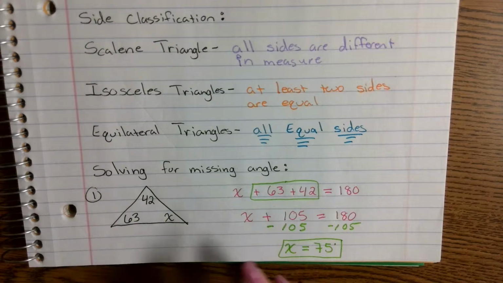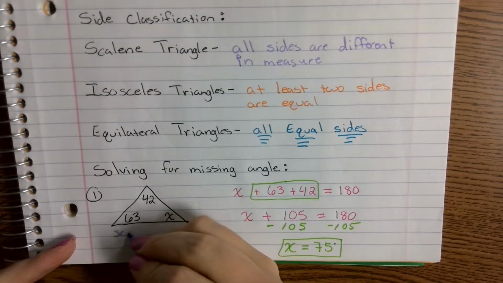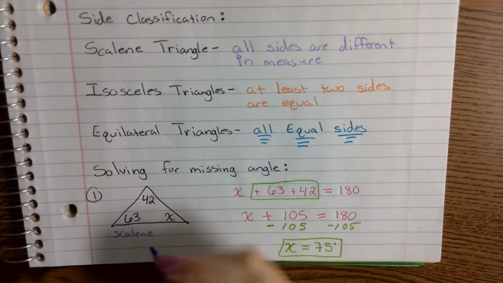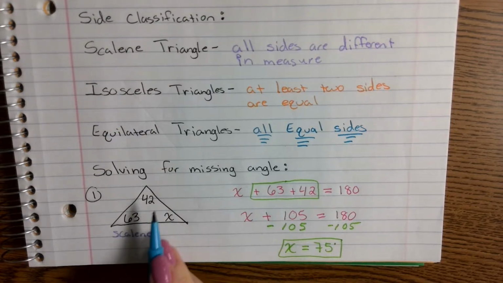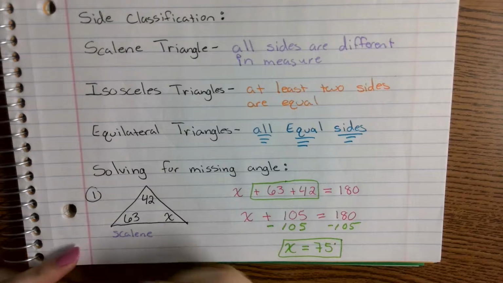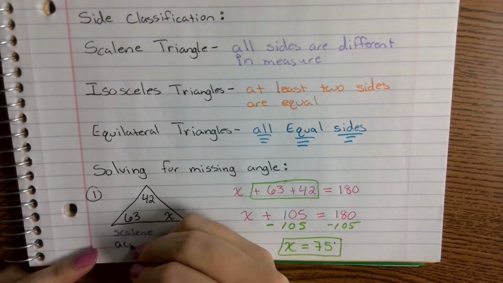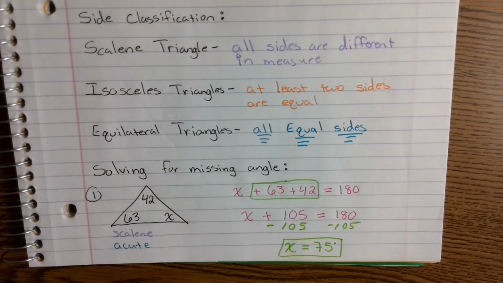That means all the sides are going to be different. So I know it's going to be a scalene triangle. So I'm going to go ahead and write down that this is a scalene triangle. What other type of classification can I give it? It's also an acute triangle. Good, because all the angles are less than 90 degrees. So it is also acute. I want to make sure you guys understand the types of triangles that they are.